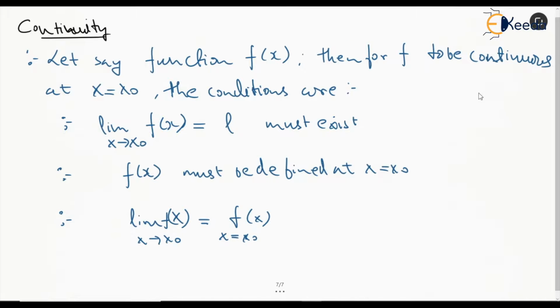You can also write it in this manner, that L should be equal to f of x naught, because this is the limit L for x tends to x naught, and the function value at x naught is f of x naught.